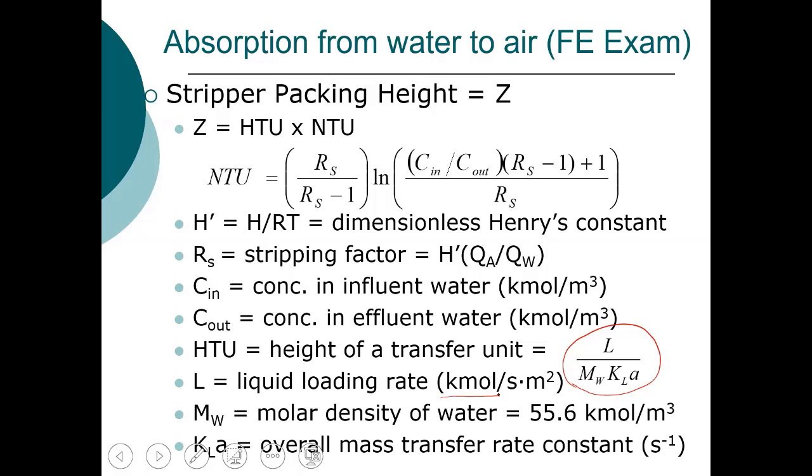And again, we use the mass transfer coefficient, which we've talked about. The approach or the concept is identical. The only difference is the direction of the mass transfer, and therefore the equations.